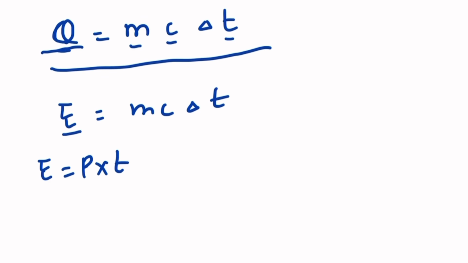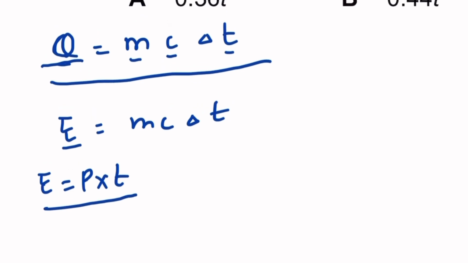So this is another formula we can use. I used specific heat capacity, but then I noticed that there is no time, so now I'm finding any missing value or any other formula I can link this up with. So we have energy equal to power into time.